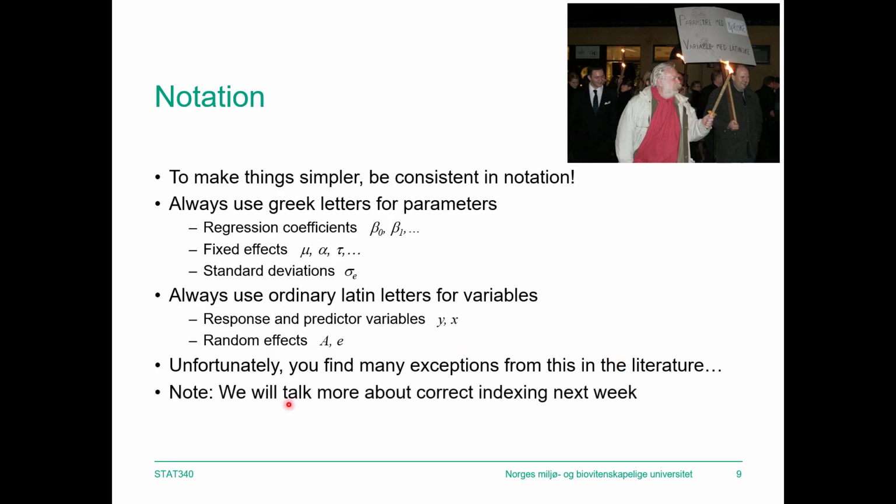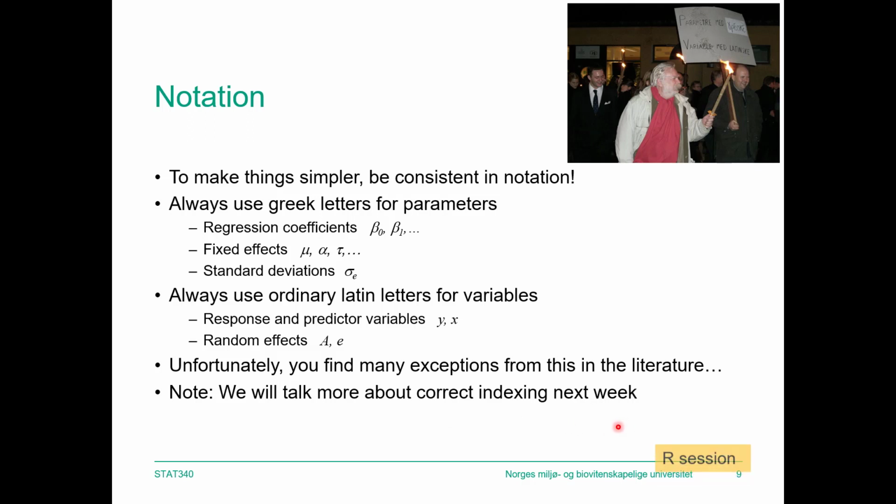Okay, we will talk more about indexing next week. There are also some rules there, but we will be a little bit sloppy in that regard now. It has to do with what we call nested versus crossed data.